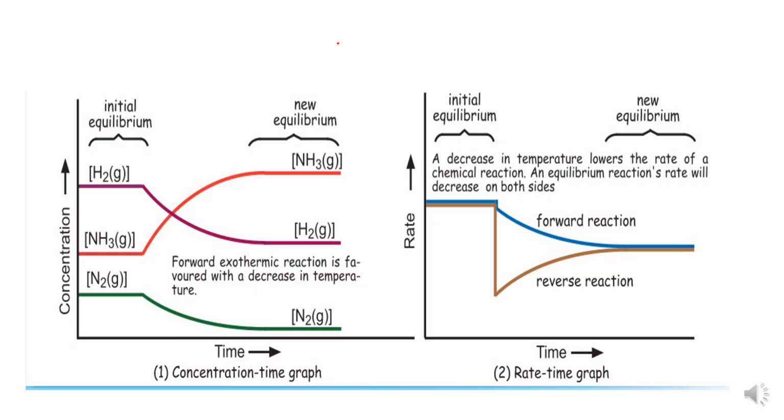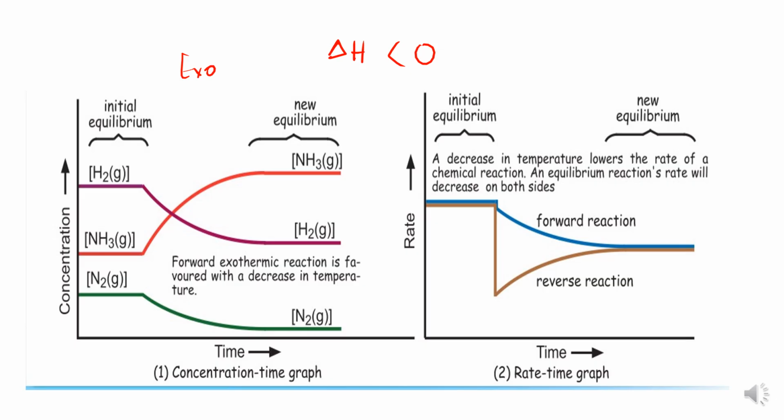Remember we said that delta H is less than 0, which means that the forward reaction is exothermic and the reverse reaction is endothermic, right? If you remember, the exothermic reaction is the one that releases heat energy, the endothermic is the one where there is a net absorption of heat energy.